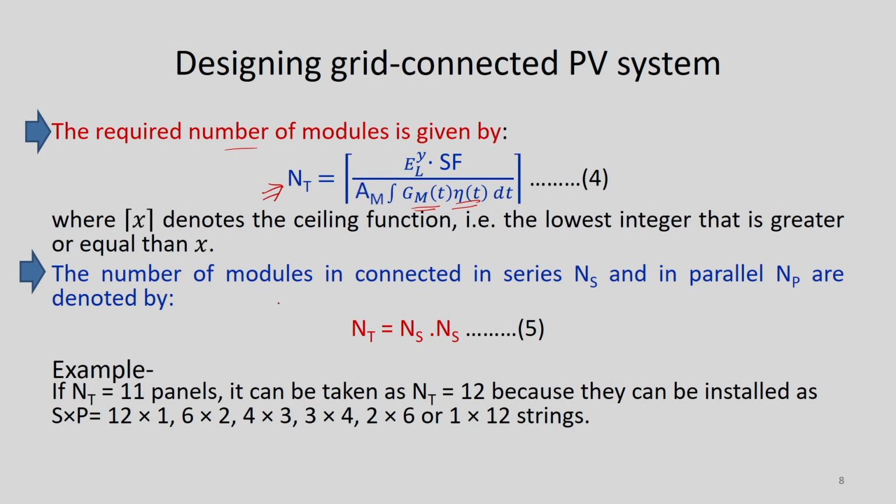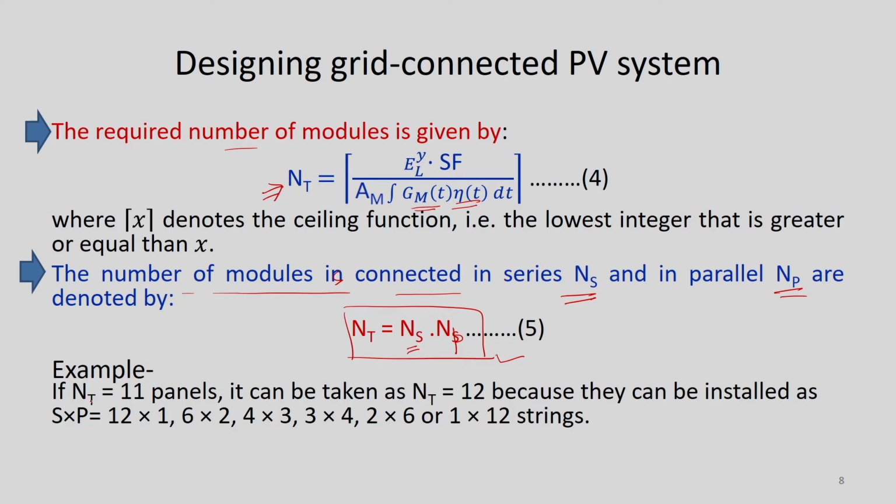So, as a whole, the number of modules connected in series is denoted by NS and in parallel by NP. Okay. So, NT is NS multiplied by NP. Okay. So, now we are saying the number of modules connected in parallel and the number of modules connected in series. Okay. We will learn how this can be done.